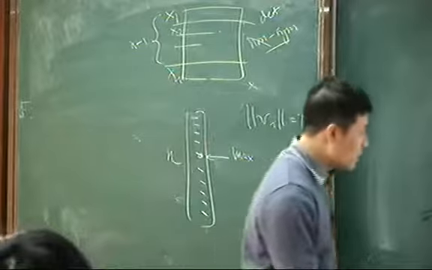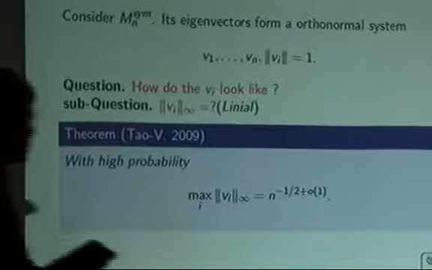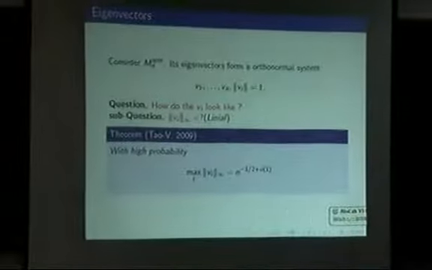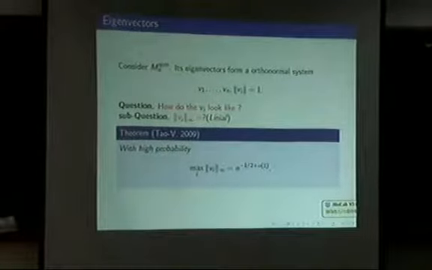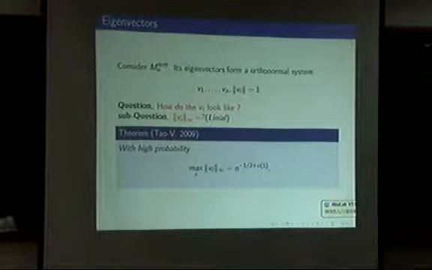And the result we can prove is that with high probability this lower bound is an upper bound as well, up to a logarithmic factor. So what you can conclude is that the eigenvector is very balanced. It doesn't have too large coordinates. All the coordinates are small.